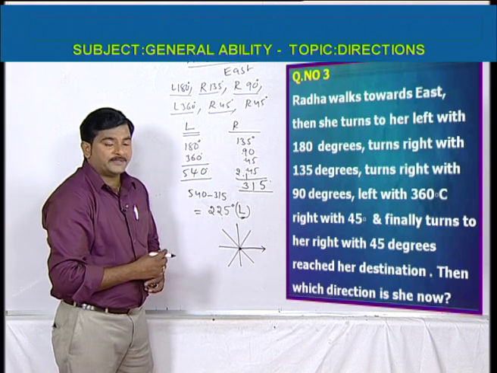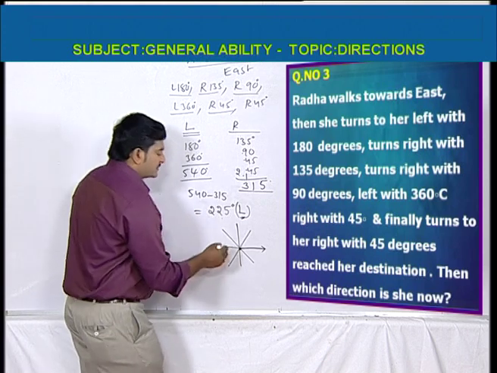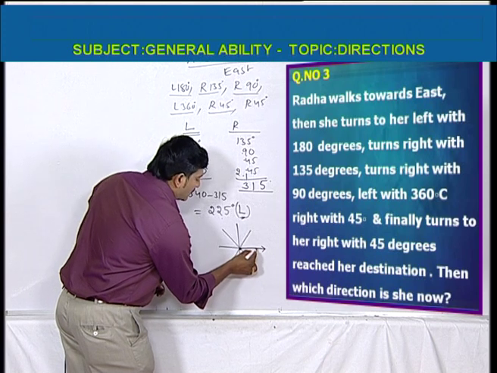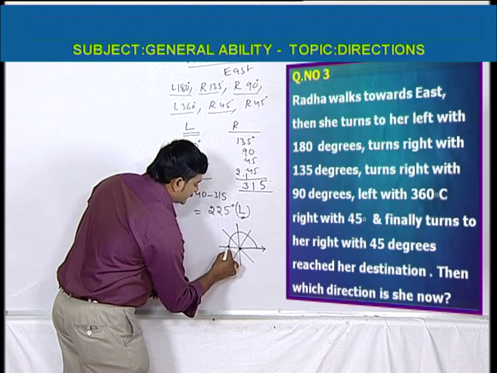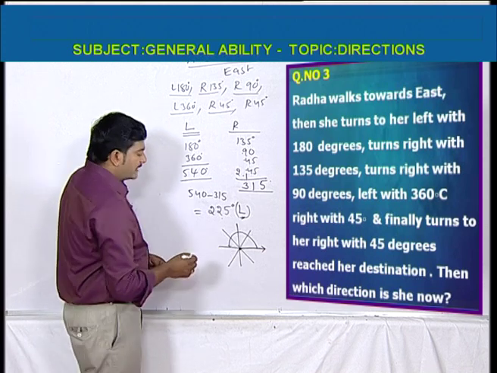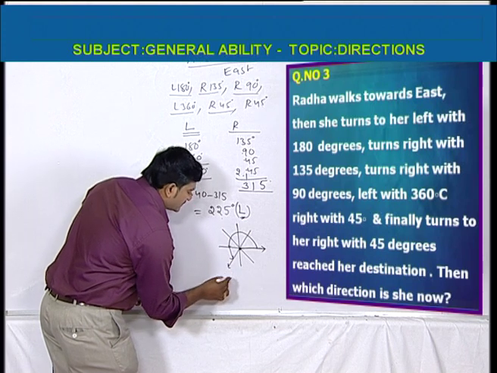That's why I am applying 225 degrees to her initial position, which is east. So observe here, now I applied 180 degrees from the left side of her. Then again I need to apply another 45 degrees. So now this is what direction?